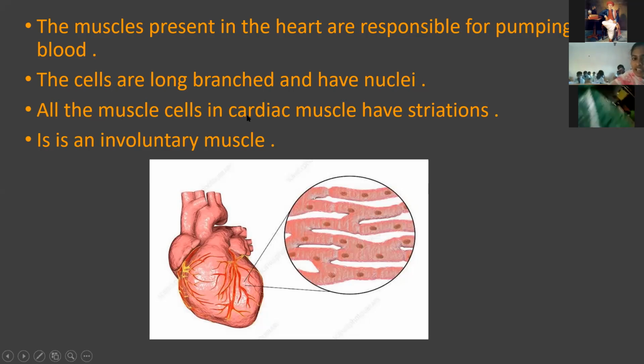All the muscle cells in cardiac muscles have striations. Striations means light bands, dark bands, light band, dark band.